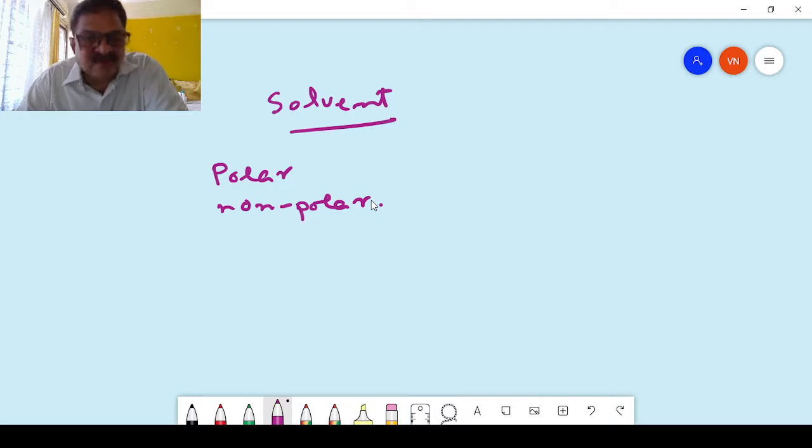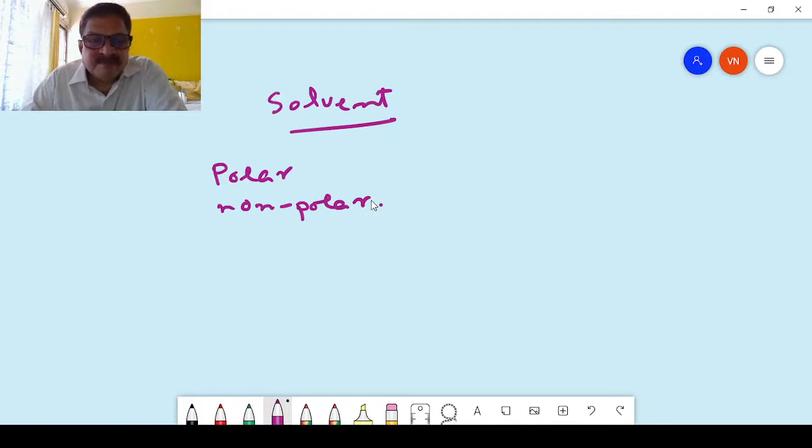Therefore, we use only polar solvents here. The substitution reactions involve polar starting materials, that is the reason. Polar solvents are used to dissolve these starting materials.